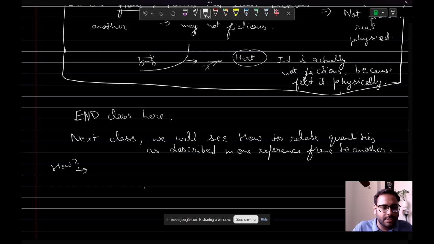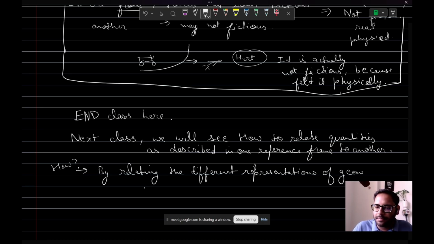We will see this by relating the different representations of geometric objects.